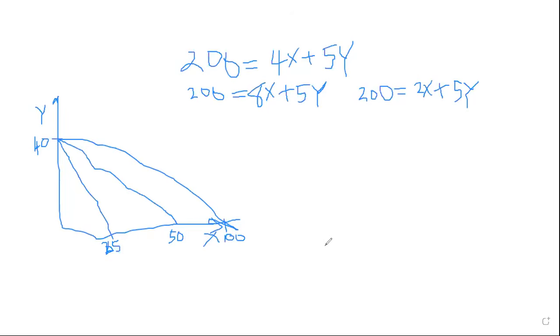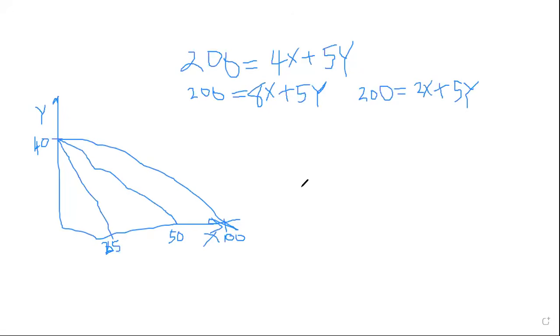So what do we see? We see that the budget line rotates outward along the axis of the commodity whose price has gone down. Right? So this is what will happen to the budget line when the price of commodity X changes. It can go outward when there is a reduction in the price of commodity X, and it will go inward when there is an increase in the price of commodity X.